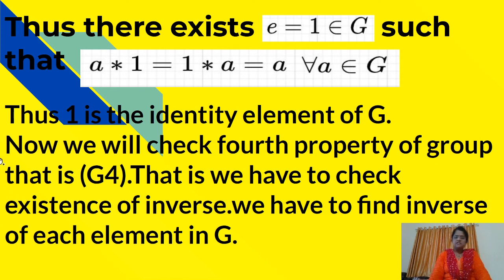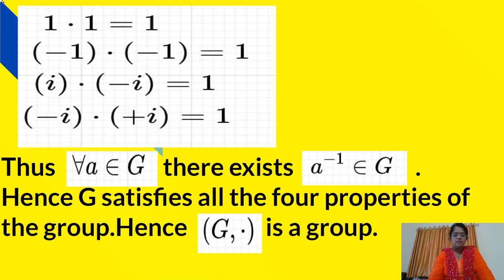Now we will check the fourth property of group, that is G4. That is, we have to check existence of inverse. We have to find the inverse of each element in G. We can observe that 1 into 1 is 1, where 1 is our identity element. Therefore 1 will be the inverse of 1. Minus 1 into minus 1 is 1.